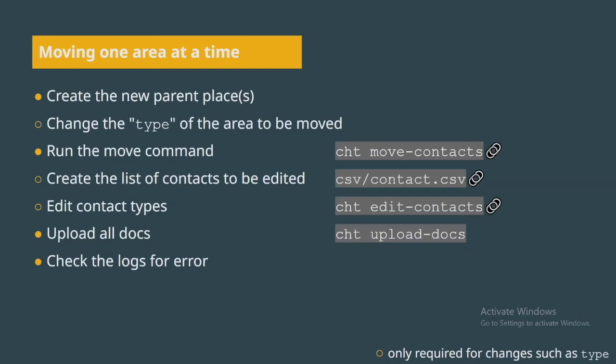And as I had added here, the points that are change the type, clear the list, and edit contact types are only needed when you are also editing any metadata while moving them. Otherwise, for simply moving, we don't have to do these 3 steps.